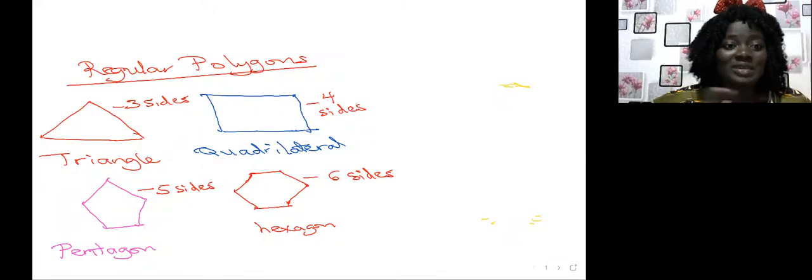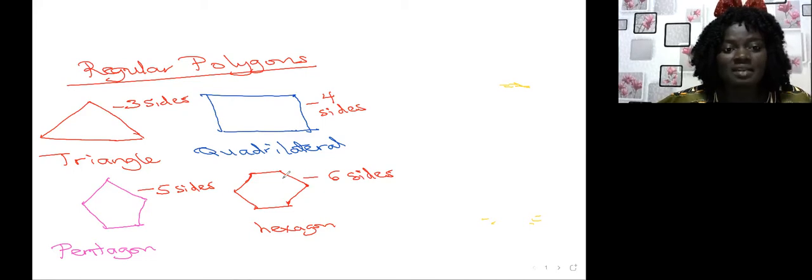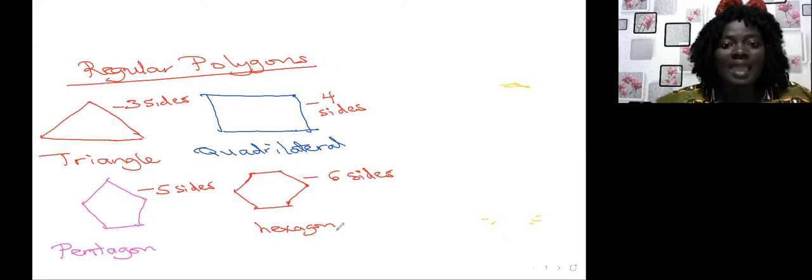We said we have a triangle, which has 3 sides, and a quadrilateral, 4 sides. A regular polygon with 5 sides is called a pentagon, and a regular polygon with 6 sides is called a hexagon. I believe you remember all these.